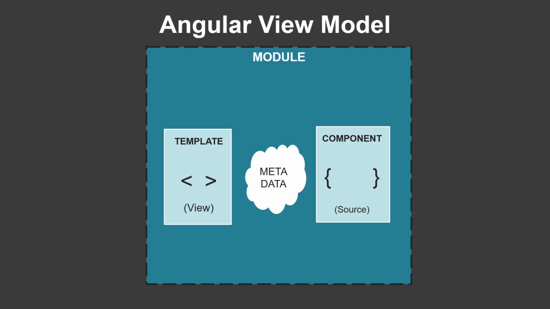So you can bind data from the source out to the view through property binding, or from the view back to the source through event binding, something you should be familiar with from JavaScript. And if you have a data source or another component in the template that does both of these together, simultaneously, then you have what's called two-way data binding, and we'll learn that later in the course.